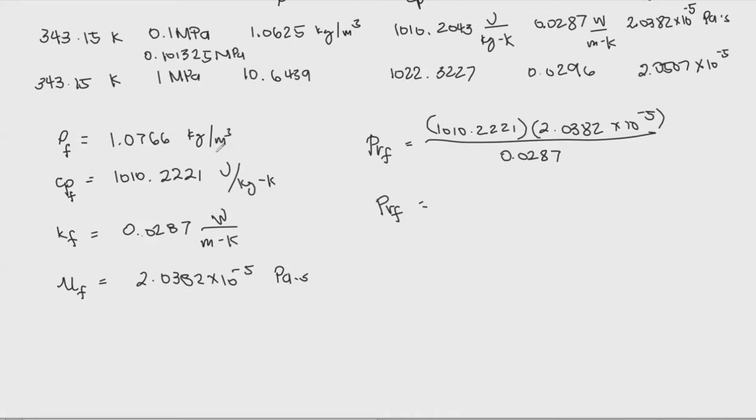So the Prandtl number upon computation would be 0.7174. That's dimensionless. Now the next thing that we need to do is to find the Rayleigh number. So the Rayleigh number is this one.